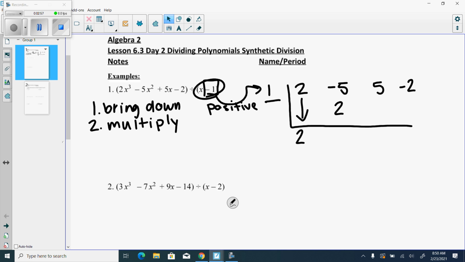Okay. After we have multiplied, my next step is to add. I'm going to add these two terms together. So I have -5 plus 2, which would give us -3. And then we just repeat.